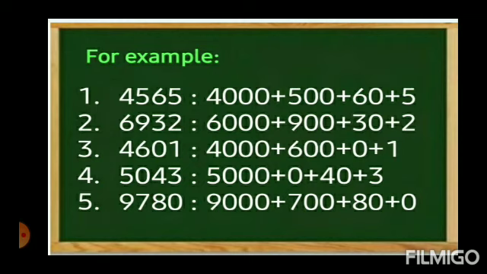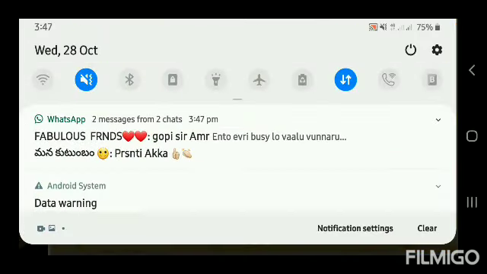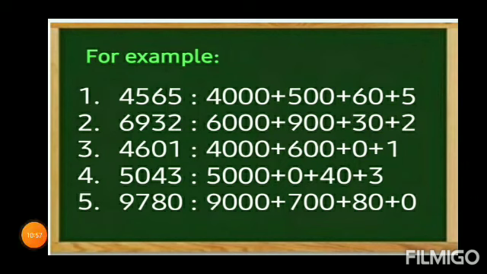Coming to the fifth one, 9780. 9 is in the thousands place. The place value of 9 is 9000. The place value of 7 is 700.